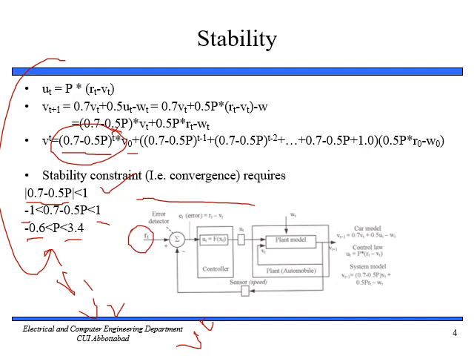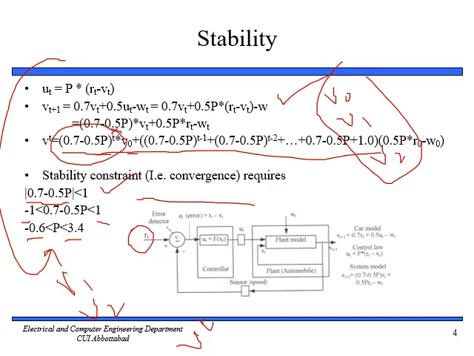So after the system model, we have to find v0, the initial one, v1, then you can find v2 if you want to, and then you have to generalize. So this is the generalized equation. You can see t minus 1, t minus 2, then this is the last expression, and then finally we have 0.5 into this thing.